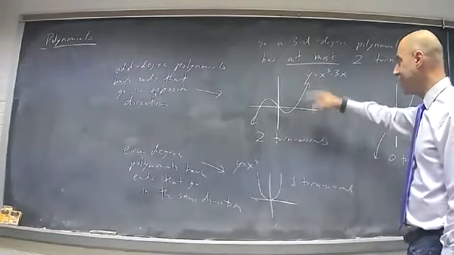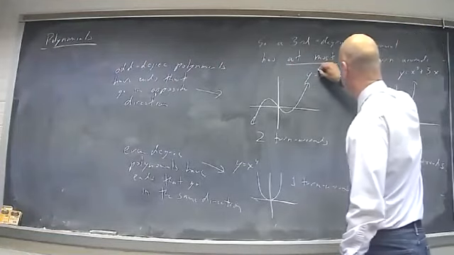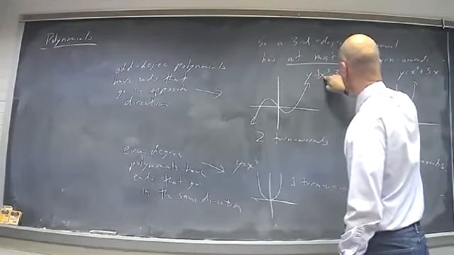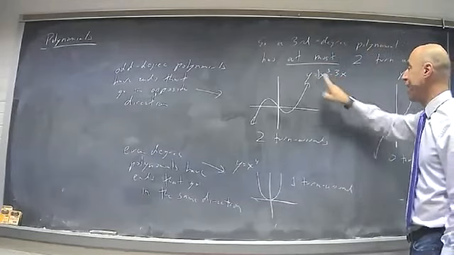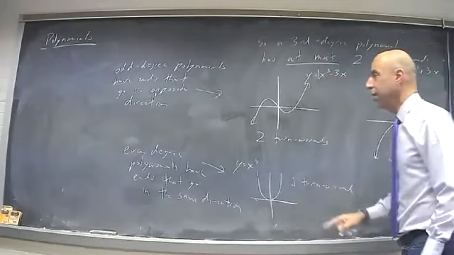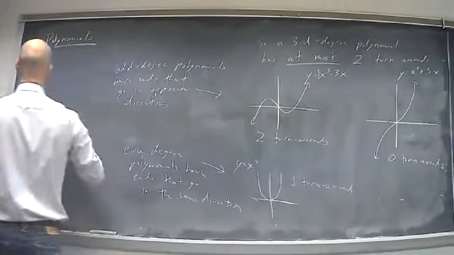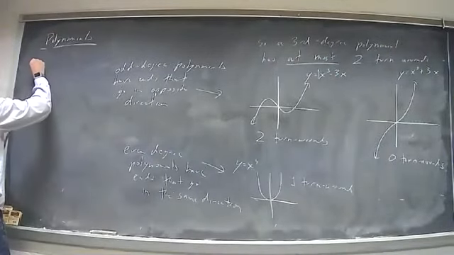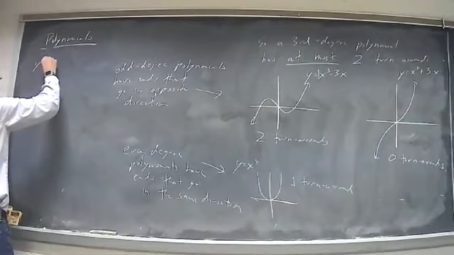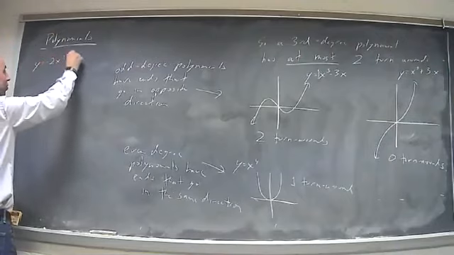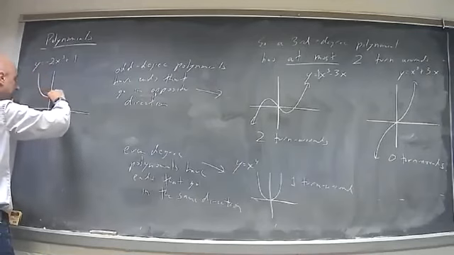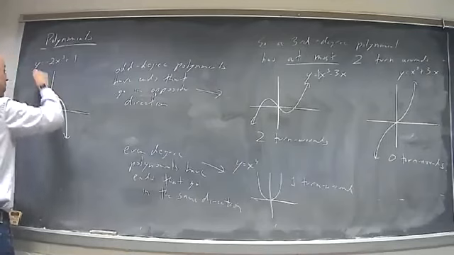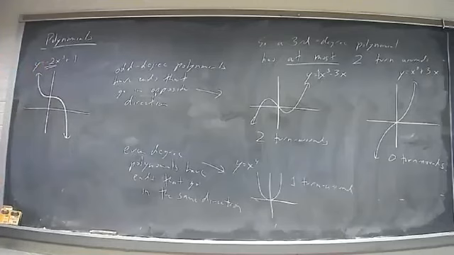And no matter what kind of polynomial you have, if the coefficient in front of the largest power of x, that's called the leading coefficient, if that's positive, the right end goes up. If you have, let's say, y equals minus 2x cubed plus 1, if the coefficient in front of the largest power of x is negative, the right end goes down.